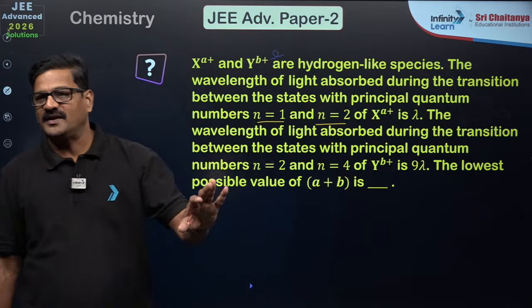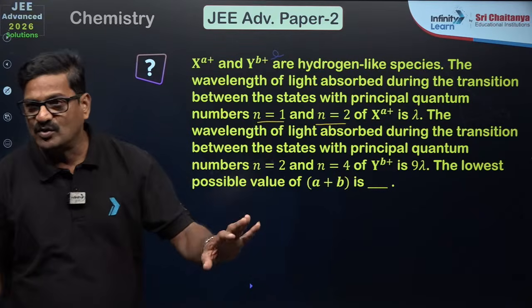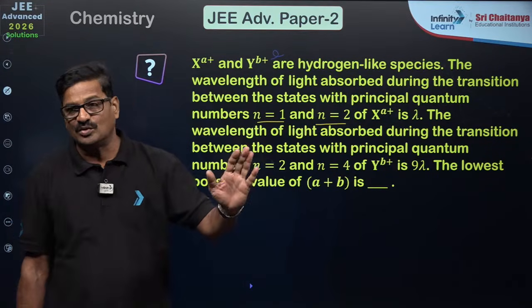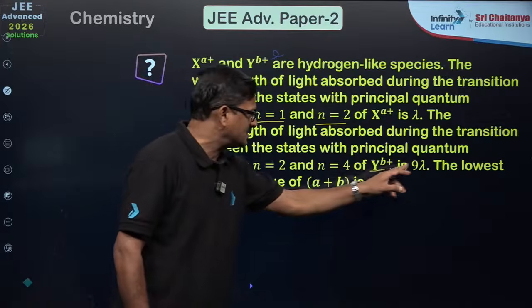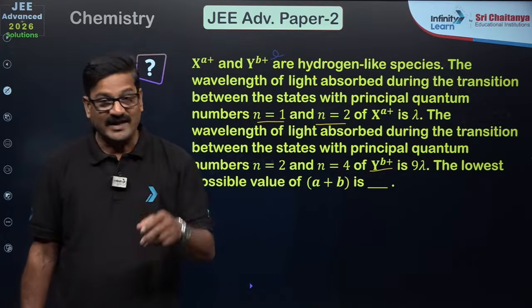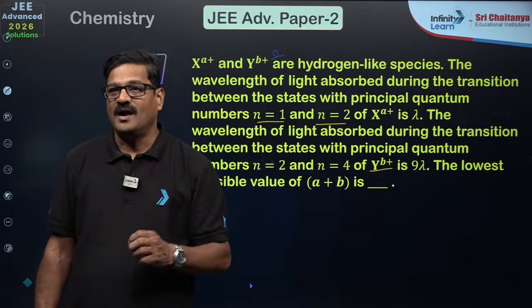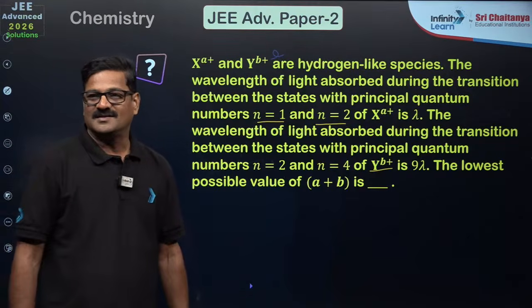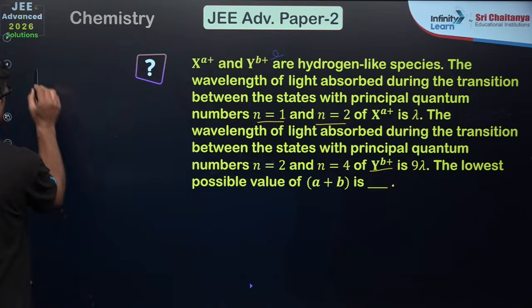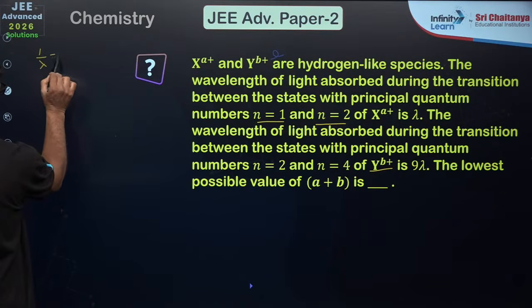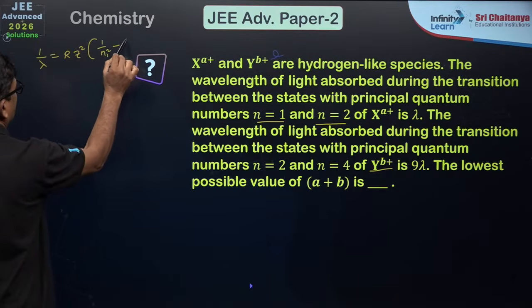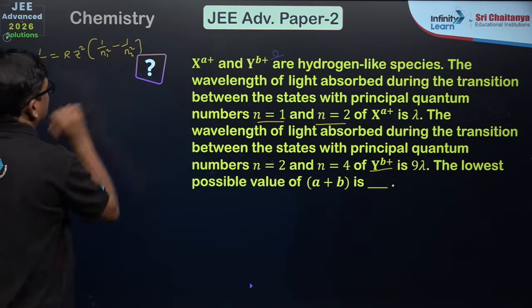The wavelength of light absorbed during the transition with principal quantum number n equal to 2 to n equal to 4 for another species YB plus is 9 lambda, and it is given as lowest possible values. So we can say simply 1 by lambda is equal to R Z square into 1 by n1 square minus 1 by n2 square.